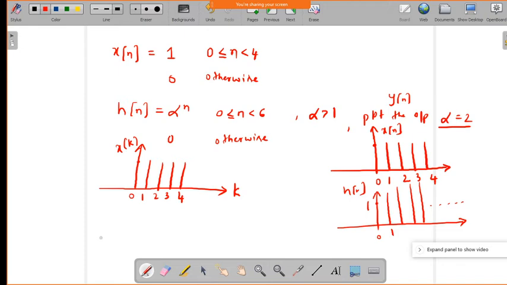So now find out what is h of n minus k. It is a reflected version of the h of n, so here it is 1 and here it is 2 and here it is 3, like this it will go. Okay, so this is your h of n minus k, and when n becomes equal to k, this sample exists.